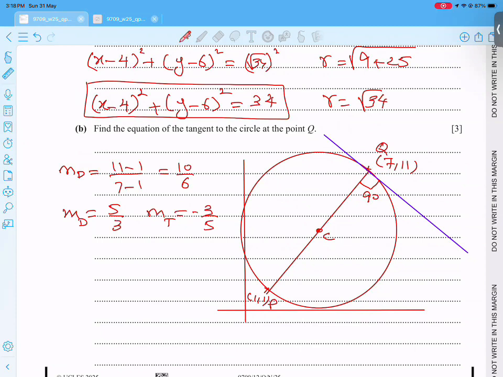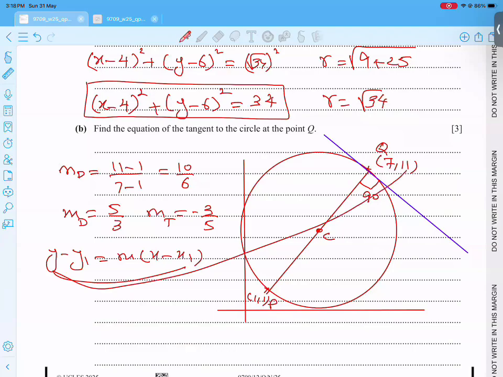And now I'm going to find it. I'm using the formula y minus y1 equals m times x minus x1, and I must use these coordinates. So y minus 11 equals negative 3 over 5 times x minus 7.